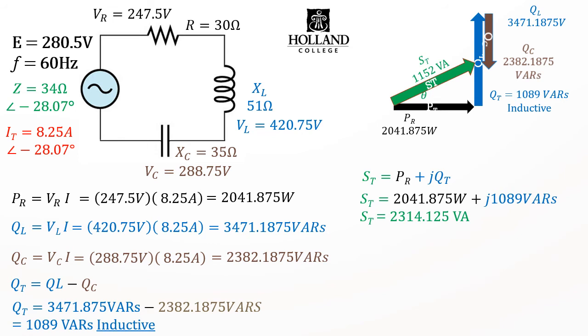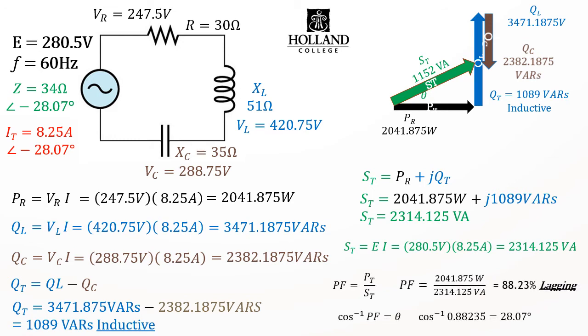We can now vector sum our resistive true power with our net reactive power, and then we can get our total apparent power. As before with series circuits, we could use ET IT to calculate ST, and now we can calculate our power factors.